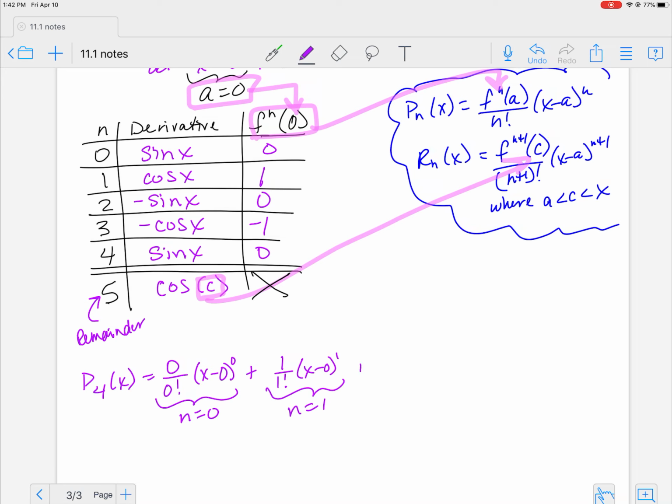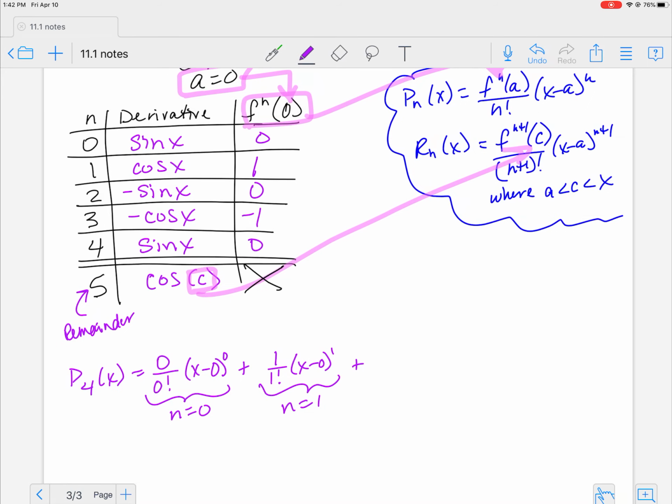This is n is equal to 1. Plus, then I take my numerator of 0 over 2 factorial x minus 0 squared when n is equal to 2. Plus, I have negative 1 over 3 factorial when x is equal to 0 cubed.